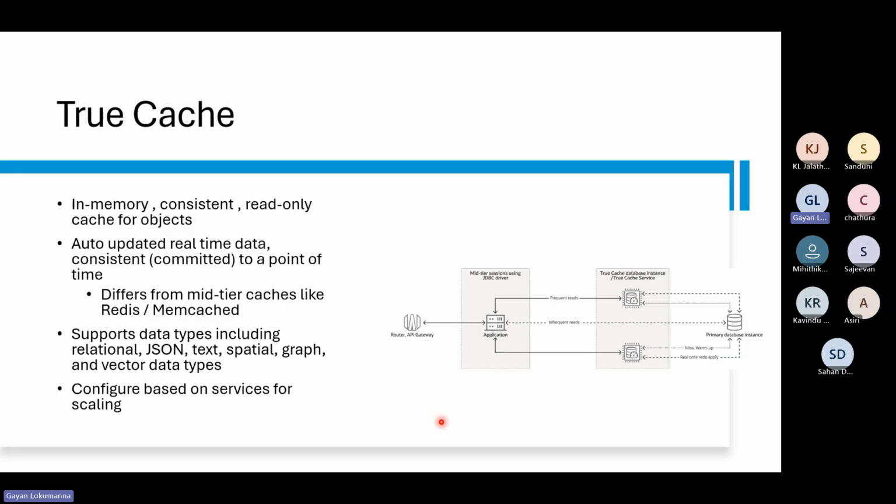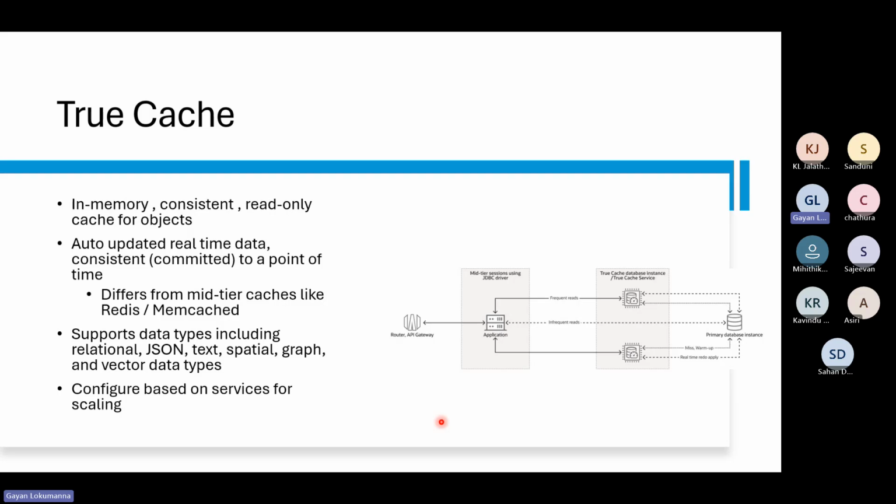In the event there is a write request, the write request will directly go to the database. And the most important thing is that if there is a change that occurs on the blocks of data on the database itself, we know the changes will be captured through redo log files, generally in a database. When these changes are captured, they will be propagated from the redo to the true cache as well. That's the most significant thing here.